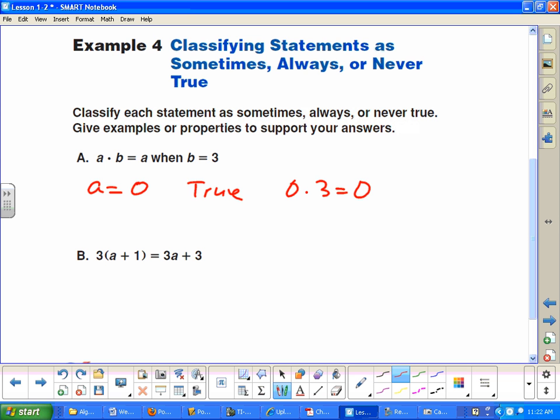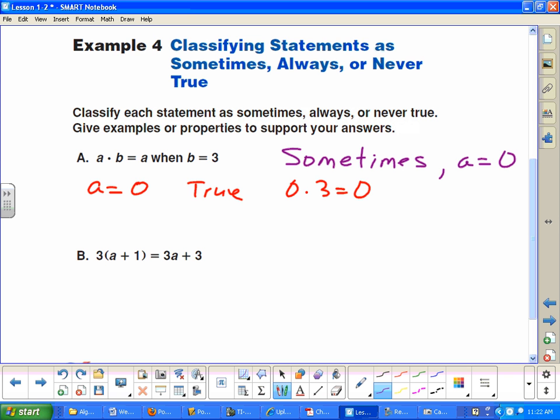Now, is it true for any other number? It doesn't work for 1. Would it work for anything else? No. So this is sometimes, and my sometimes would be when A equals 0.